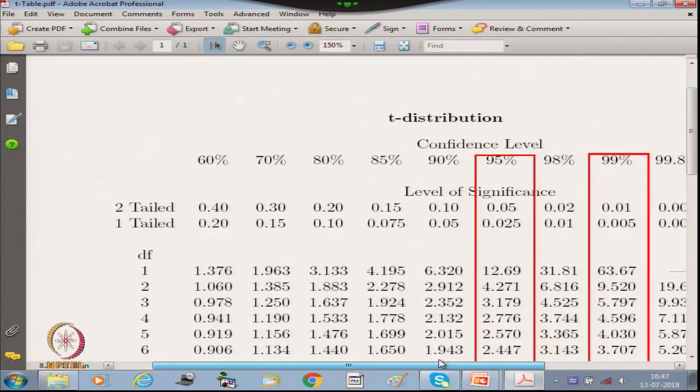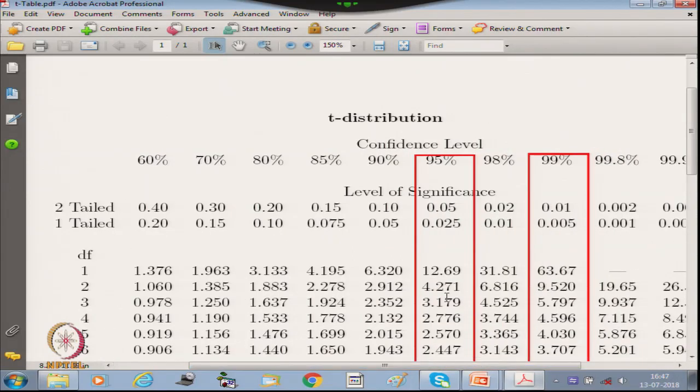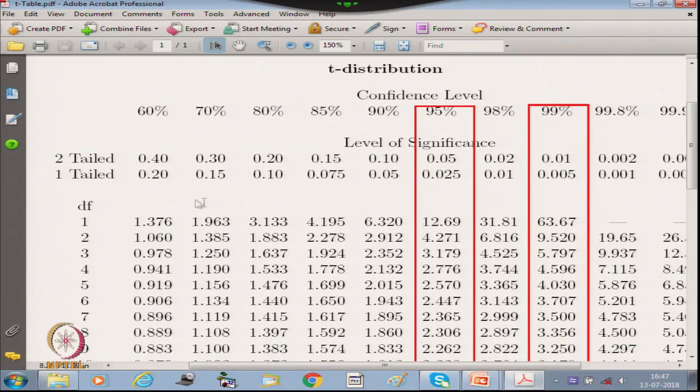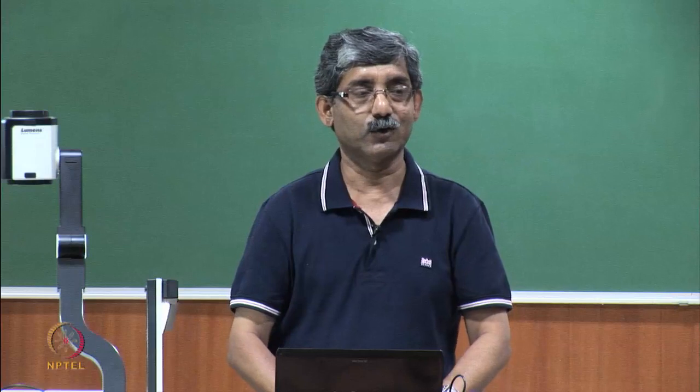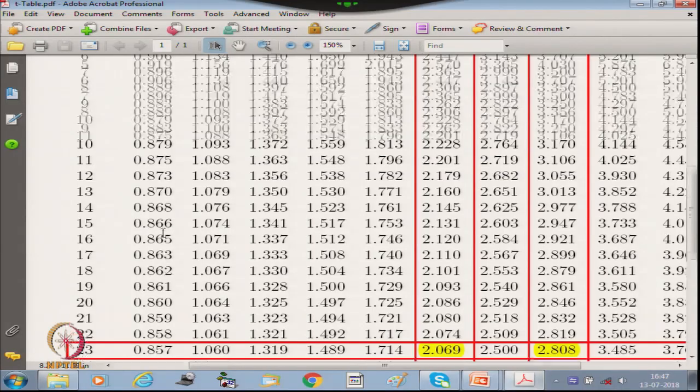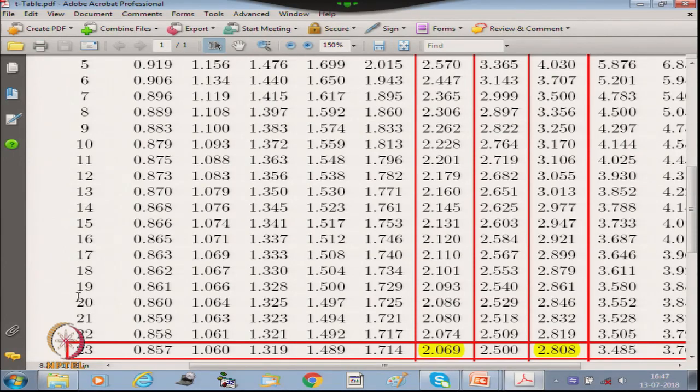Depending on the number of data, the degree of freedom is n minus 1. So, if we have 20 data, the degree of freedom will be 19. You can check.